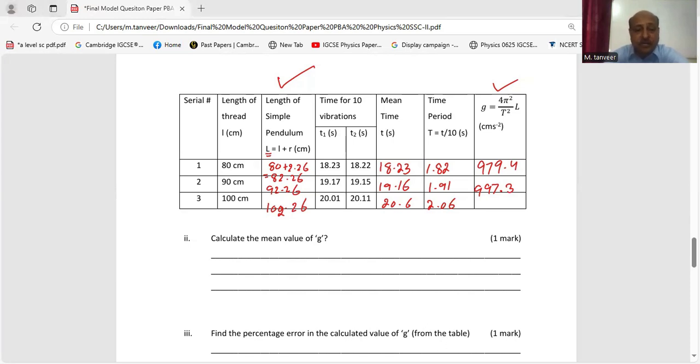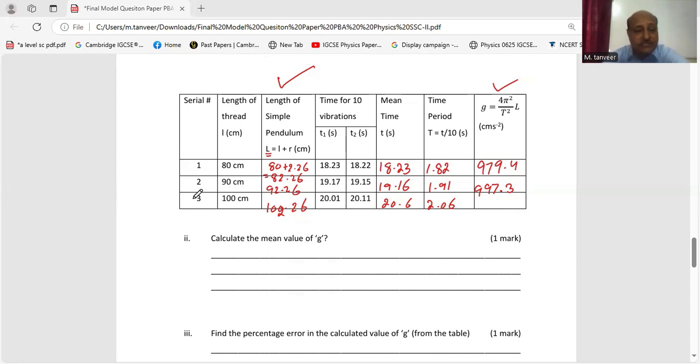So you will put all these values: 4 pi square, 4 multiplied by 3.14 square, multiplied by capital L, and capital L is 102.26, divided by T square.